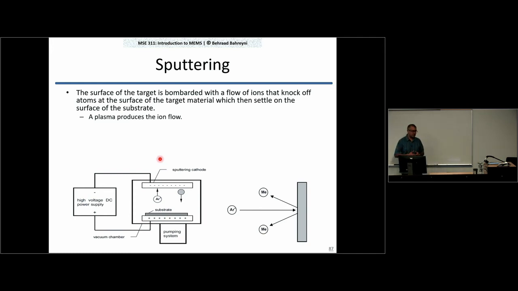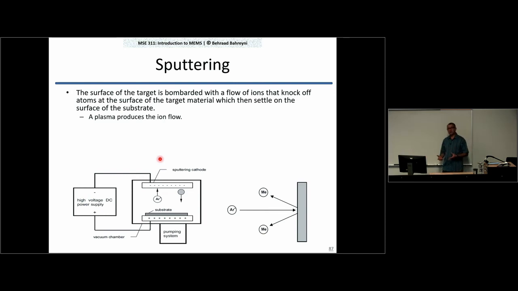Another reason for using argon, let's say compared to neon or helium, is that it is a heavy ion, right? So it goes and hits the surface, it has a lot of momentum, and therefore the chances of getting some particles sputtered is higher. You can do it with xenon as well, but xenon is a heavier inert gas, but is more expensive and is more rare. So therefore most of the sputtering systems use argon.